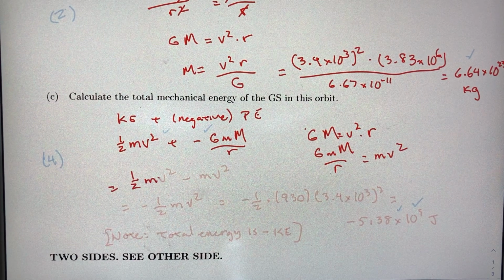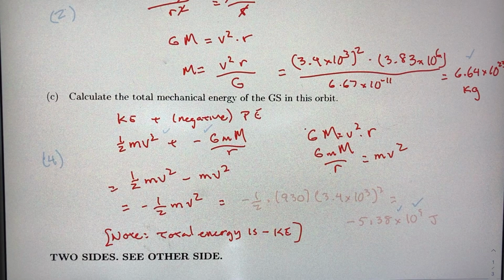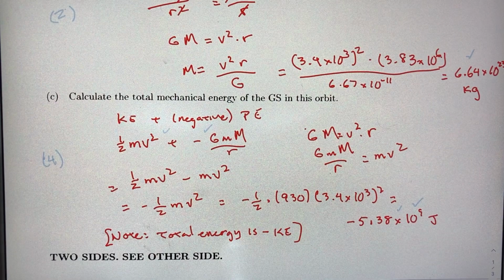So the total energy is negative kinetic energy, and the potential energy is twice that amount. 5.38 billion joules. Okay.